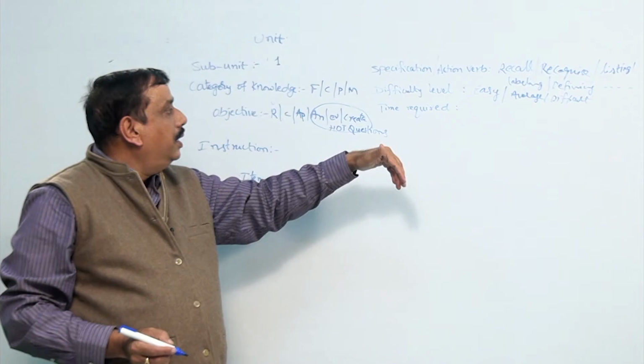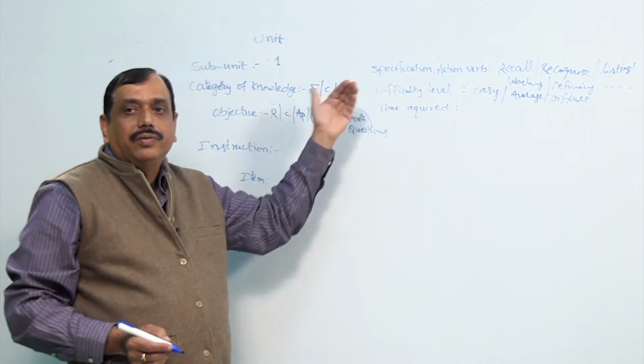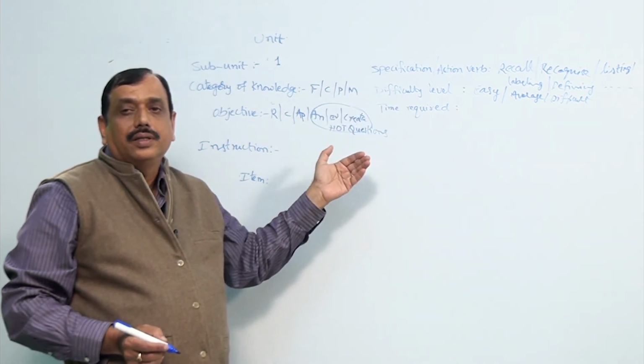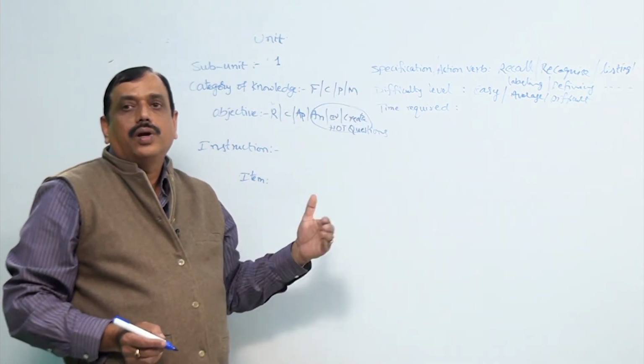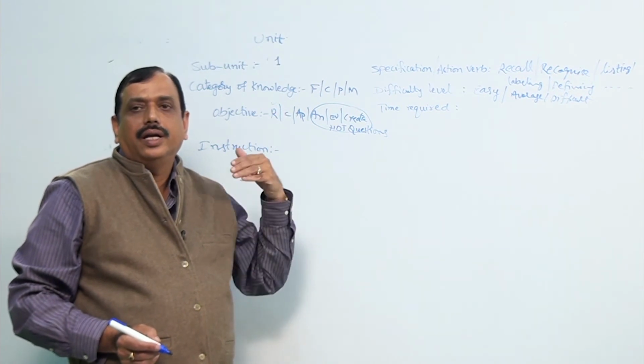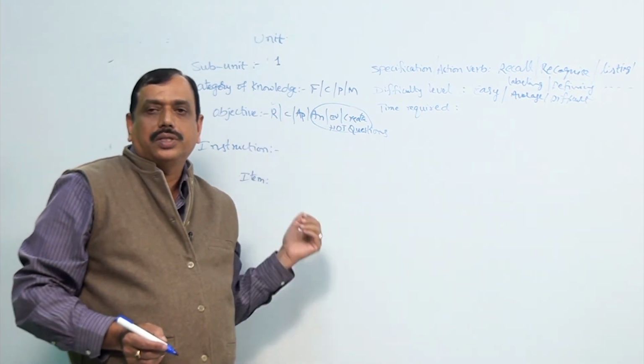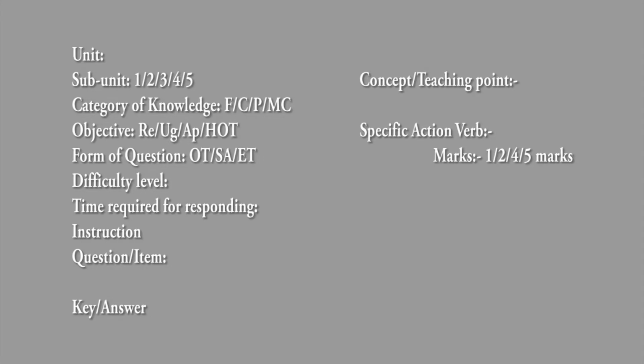Then once the level of difficulty is fixed, you are going to say what is the time required for giving responses to this question. If it is an easy question, I may take less than 1 minute to answer. If it is an average question, I may take 2 to 3 minutes. If it is a difficult question in general, I may take more than 3 minutes.